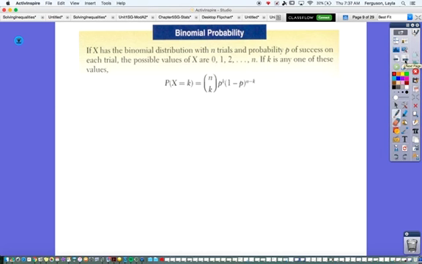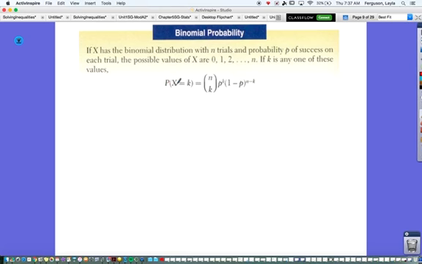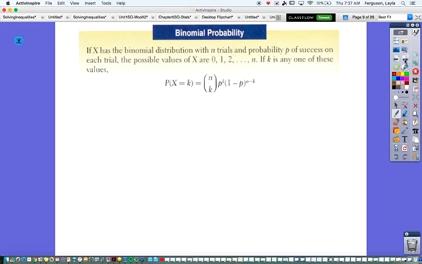Binomial probability. So if X has a binomial distribution with n trials and a probability p of success on each trial, the possible values of X are 0, 1, 2, all the way to n. If k is any one of these values, then the probability of X equals k equals n choose k times p to the k times 1 minus p to the n minus k.